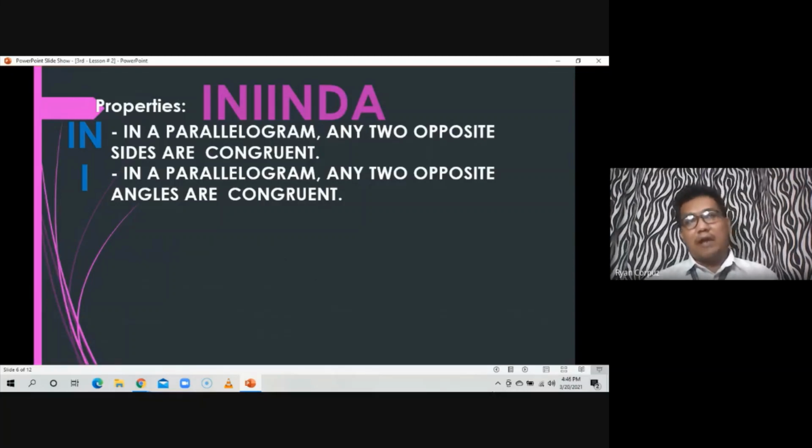So when you encounter problems about a parallelogram where you have a measurement for its angles and you are asked to find the measure of those angles, all you have to do is apply the property mentioning the angles of a parallelogram.